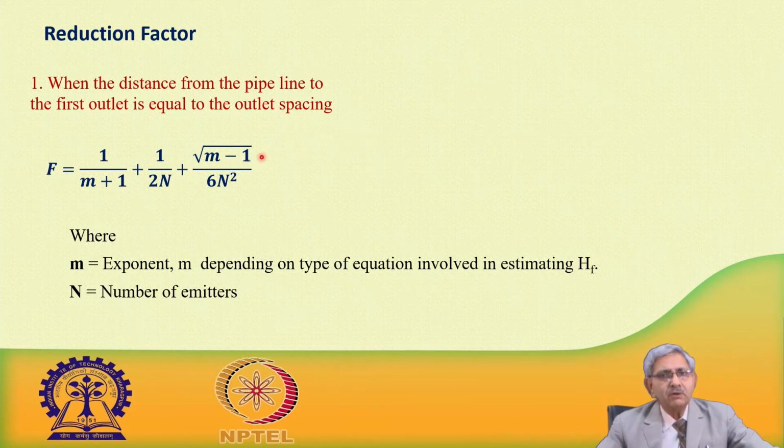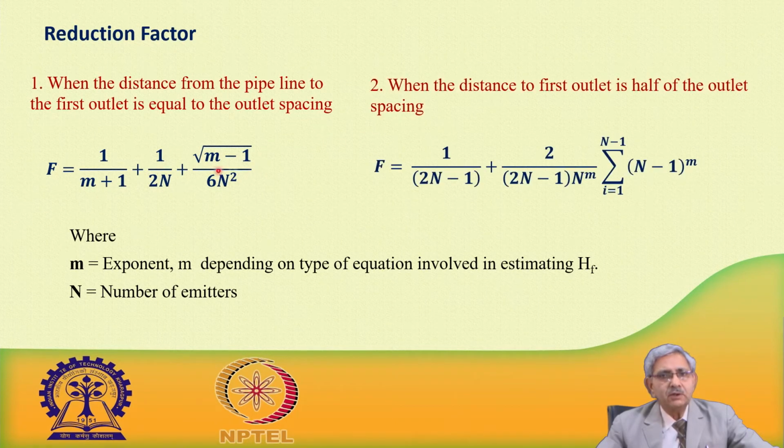So, this expression will be used. Here you are seeing that m is the exponent. If you are using the Hazen-Williams equation, the value of m is different. In case of the Darcy-Weisbach equation, the value of m is equal to 2, and n is the number of outlets, that is, the number of emitters.